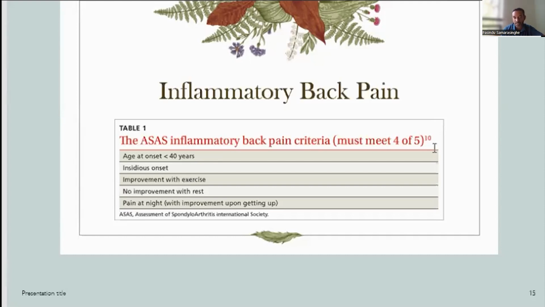In contrast, spondylosis, which I described before, is seen in elderly, and it's more in the evening. After being active, exercise makes them worse. So that is more degenerative pain. You have to go through these features to differentiate between inflammatory back pain and degenerative back pain. And this is very important in diagnosing and not missing spondyloarthritis.